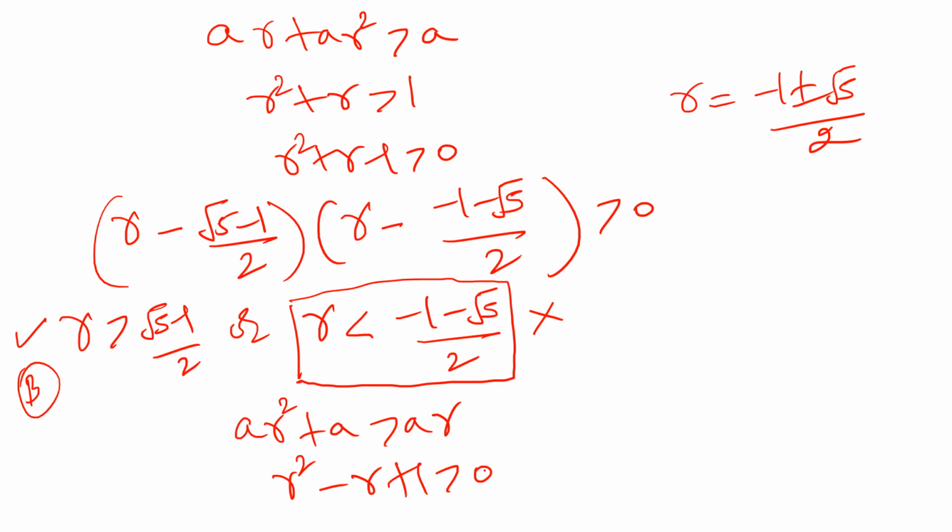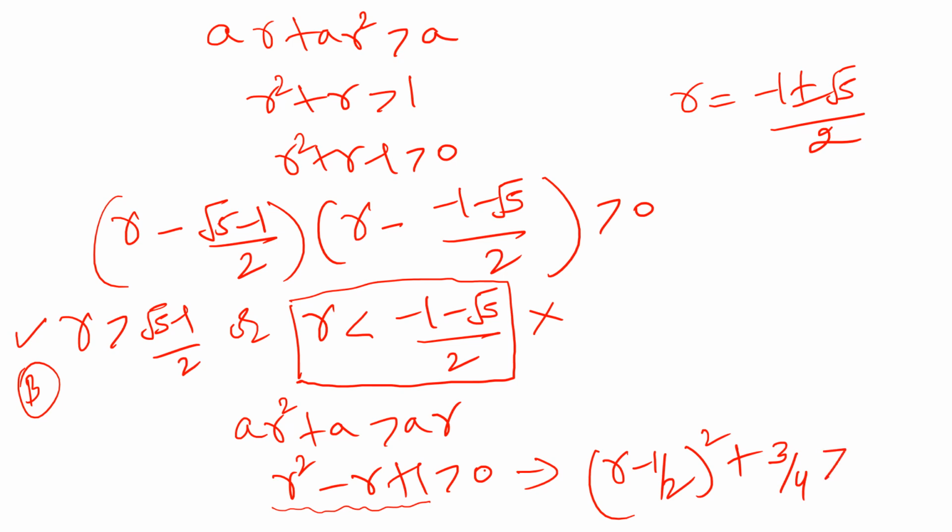Now clearly this is true for all real values of r. Why I'm saying this? Because when you try to find the discriminant for the polynomial on the left hand side, it is coming as negative. Or we can also express it like r minus half whole square. It is r square minus r plus 1 by 4, and I will add 3 by 4 to it.